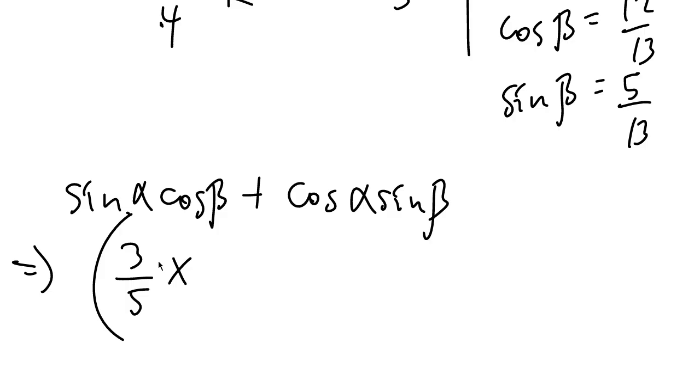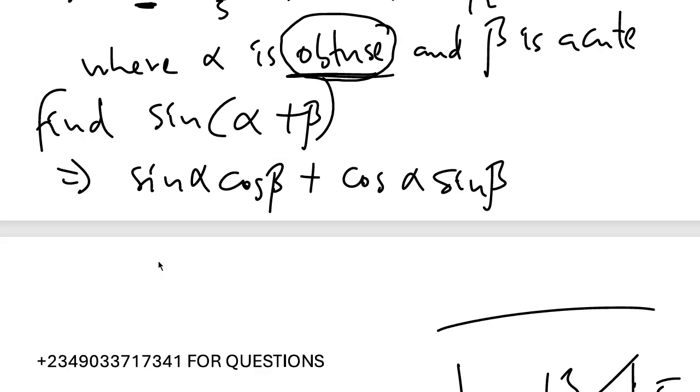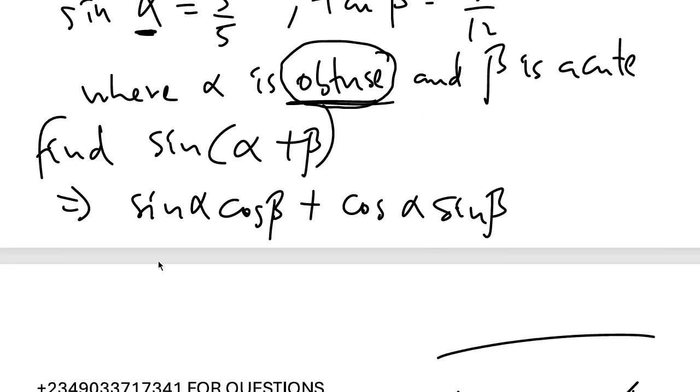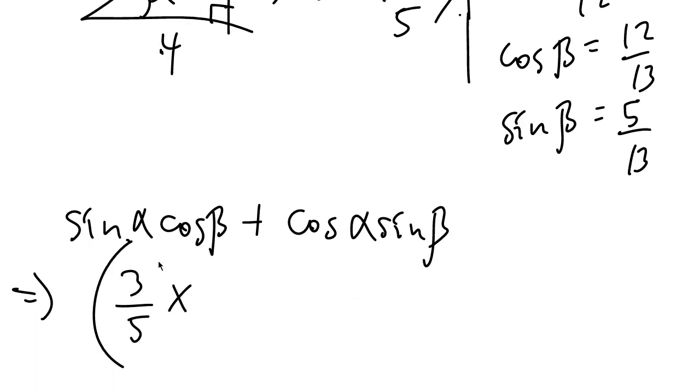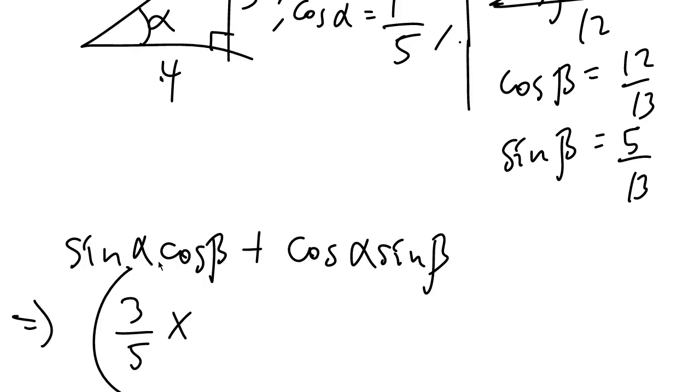What does the question say? Alpha is obtuse and beta is acute. So cos beta being positive is not a problem, because if beta is acute, between 0 and 90, everything is positive, so there is no issue here.